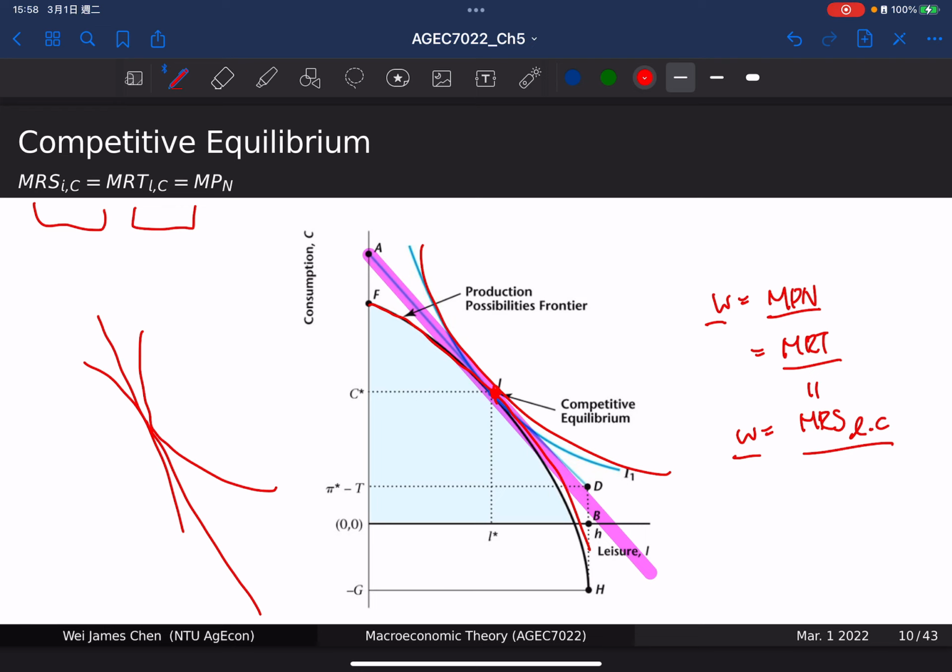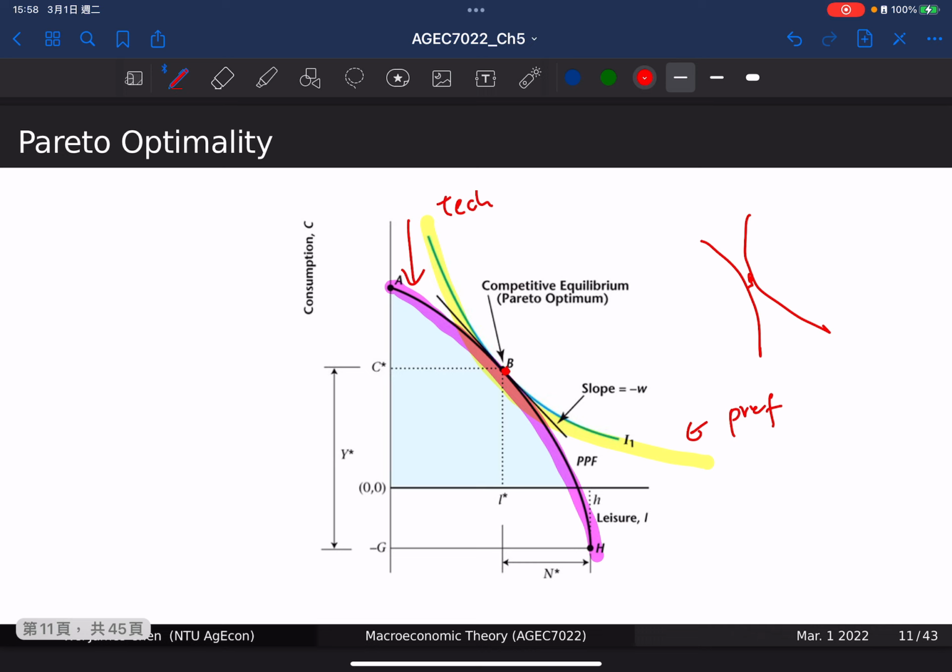The only difference is whether we have that price there. Because if these two are tangent to each other, we can definitely find a price that supports both of them, that is tangent to both of them. And that's exactly the same CE price we found on the previous page. So that's how I showed CE implies PO and PO also implies CE in this model.